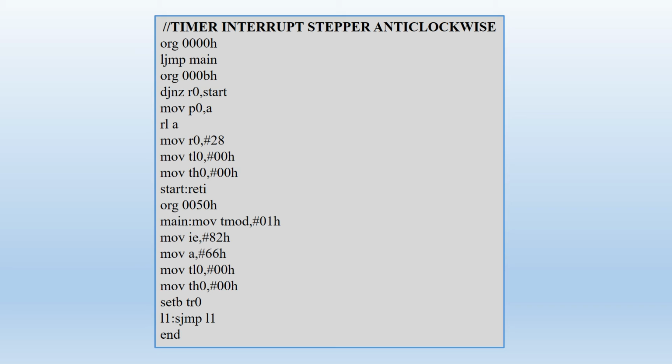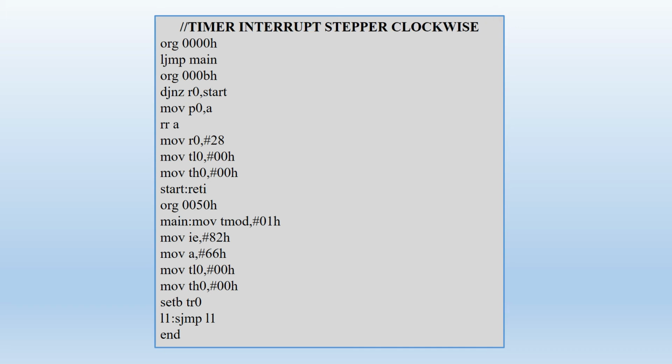Then you wait until the counter reaches the next 1 second. After 1 second the counter will overflow and it will go to the interrupt routine and come back. This is the code for timer with interrupt.